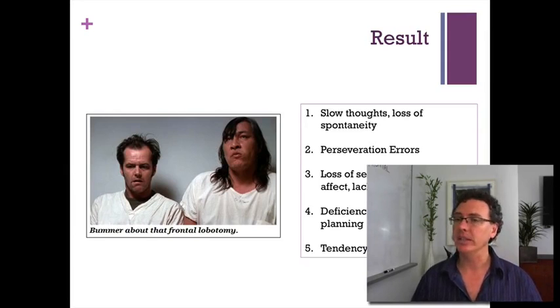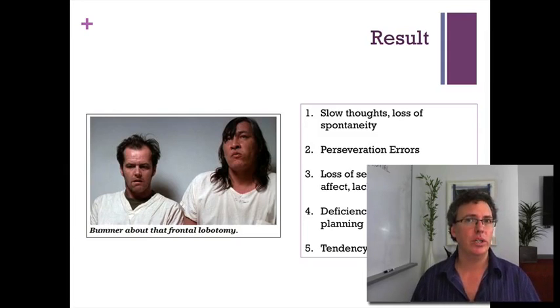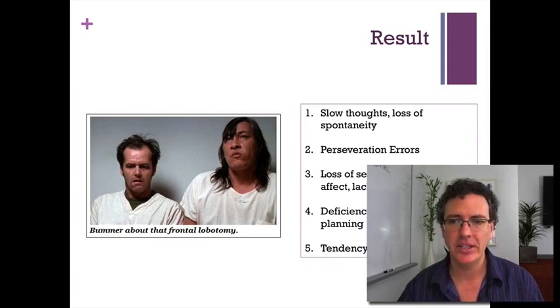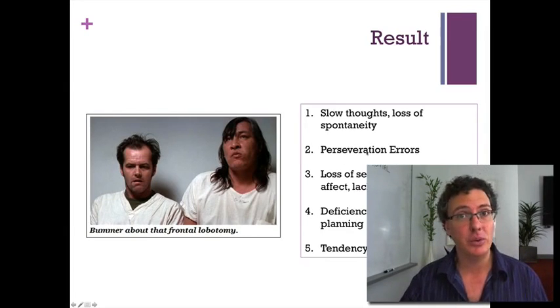Let me try something different, and let me see if that works. A frontal patient will continue to sort in the way that used to work. They can't seem to shift their strategy. So that's called perseveration. They persevere, which sounds good, but they're persevering in the face of continual failure.